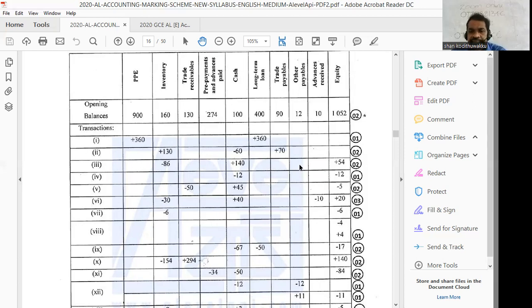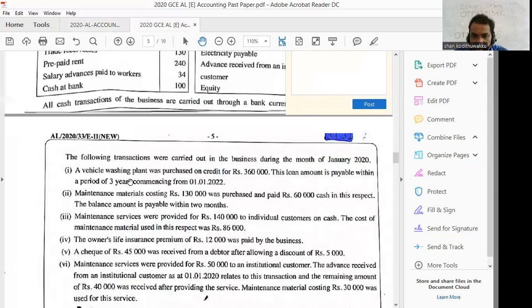Adjustment number 1. A vehicle washing plant was purchased on credit for 350,000 rupees. This loan amount is payable within a period of 3 years commencing from 1st January 2022. Right. Then you have purchased a vehicle washing plant, and it is on credit.